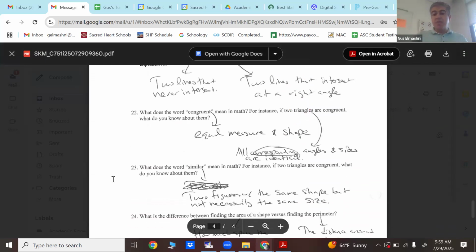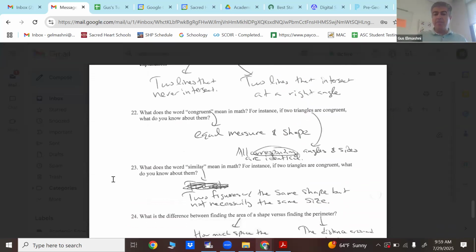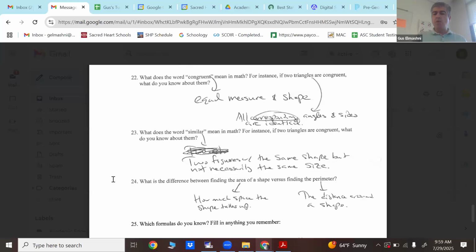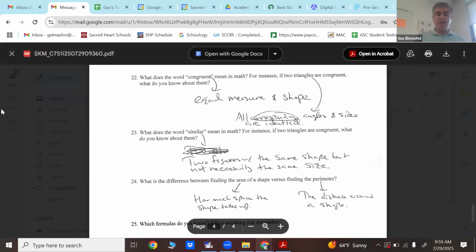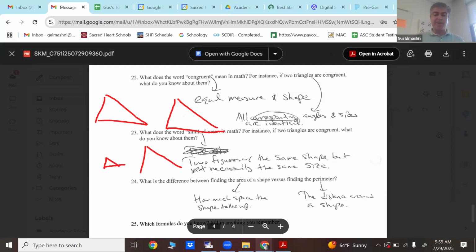For 22, congruent just means equal in measure and shape, so all corresponding angles and sides would be identical. If I drew this and drew another one that's exactly the same shape and size, that's congruent. Similar means just the same shape. It's like if you go to a hobby store and try to build a model airplane. I mention it because I took my kids there on the weekend.